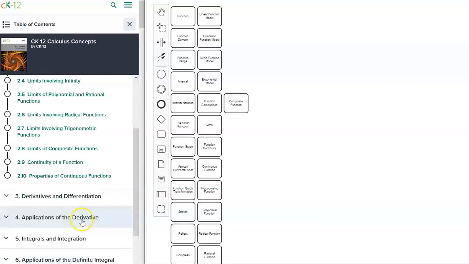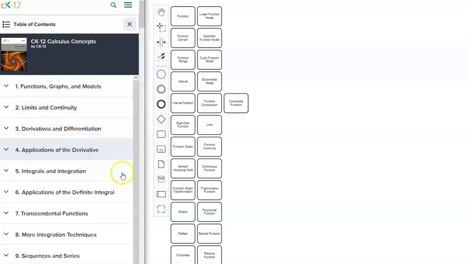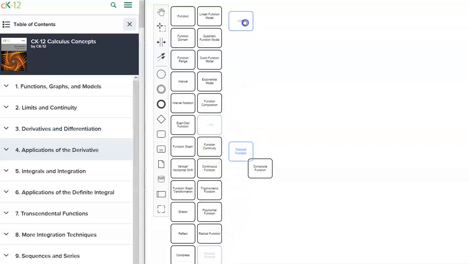Alright, so let's move on to the next section here. Lots of limits and limits involving these types of functions. So because it's such an important kind of introductory thing here, let's bring that up here.